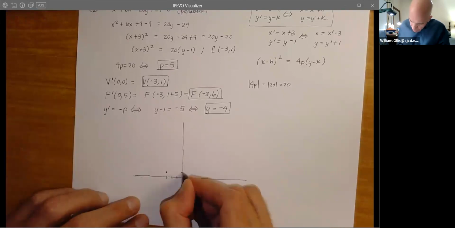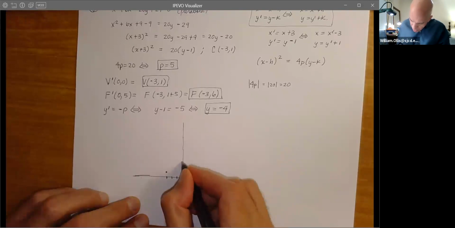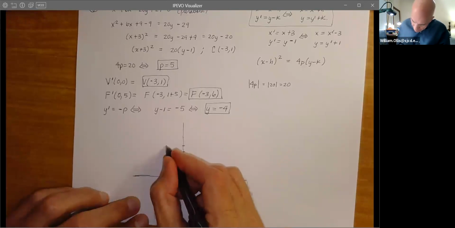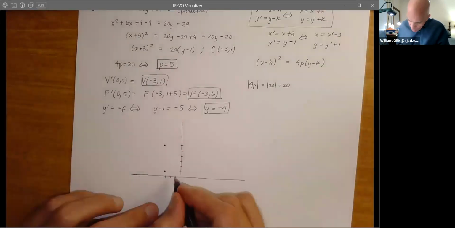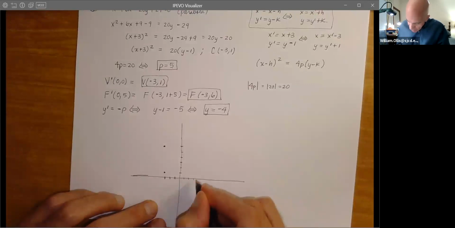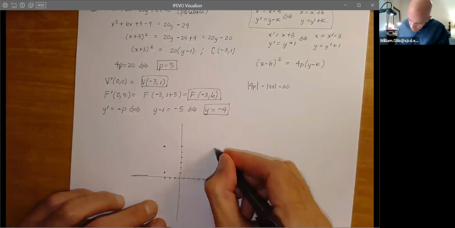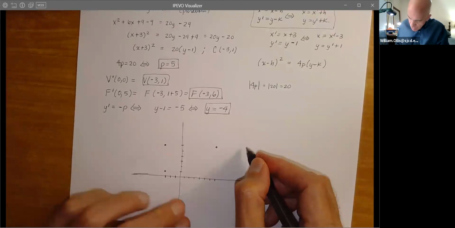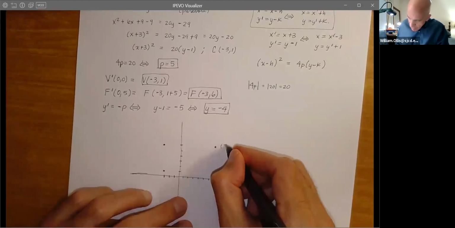So we've got 1, 2, 3, 4, 5, 6. So we can go 10 in either direction. So there's another point. That's just a negative 3 plus a 10, which gives us a 7. So this will be 7 comma 6.